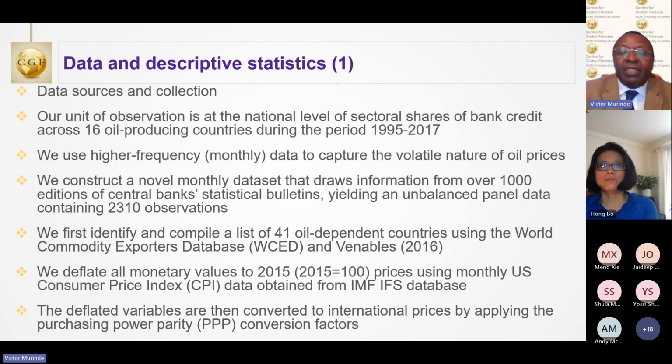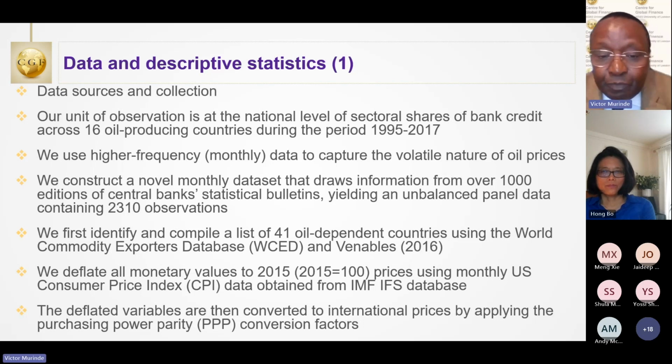We first identify a list of 41 oil-dependent countries from the World Commodity Exporters Database, WCED, and also compare with the data that Anthony Venables used in the 2016 paper.